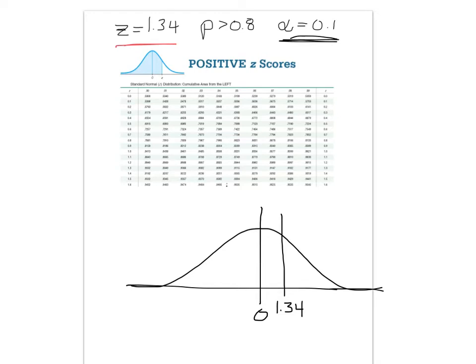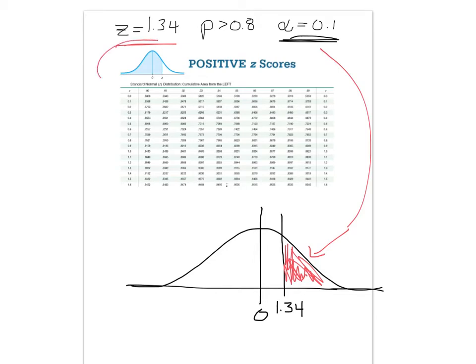Okay, so what we have to look up in our table is to see what this probability area is right here. So this probability I find in the actual Z table. How do I find this probability? By that alpha.